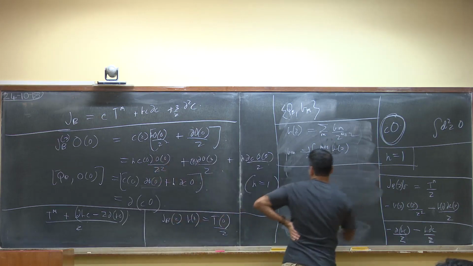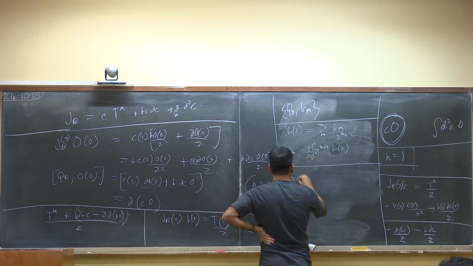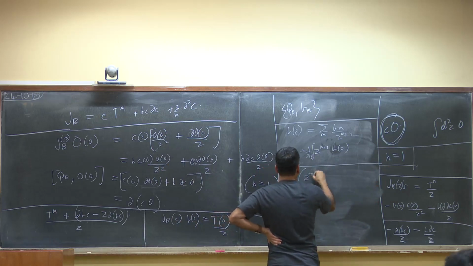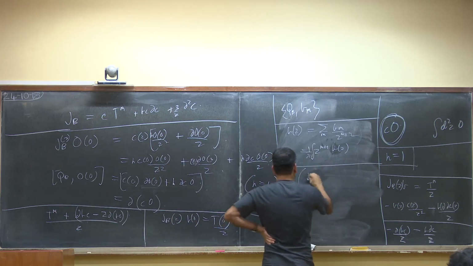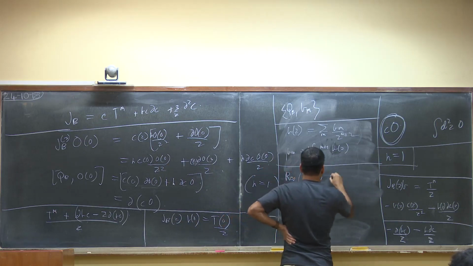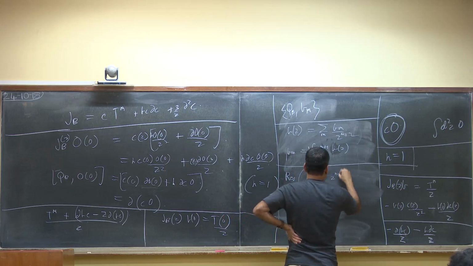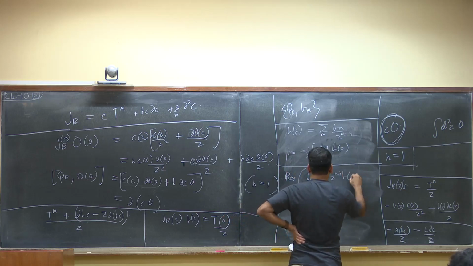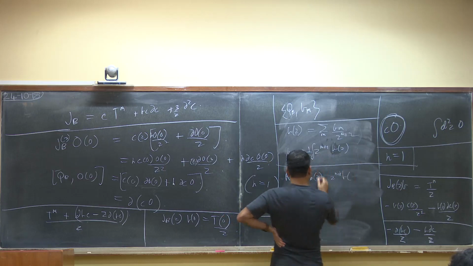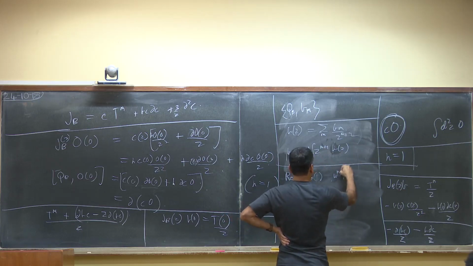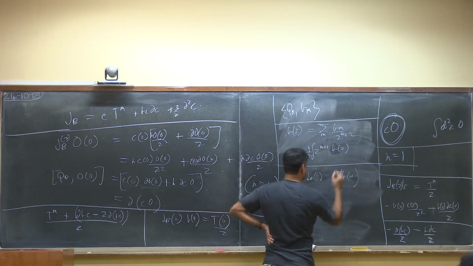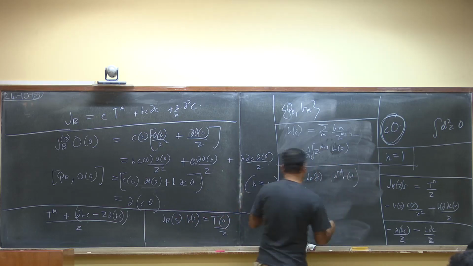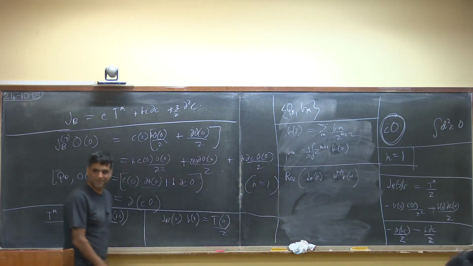So we need to find the residue of JB of Z with Z to the power m plus 1 times B of W. And JB of Z, take the residue as Z goes to W.